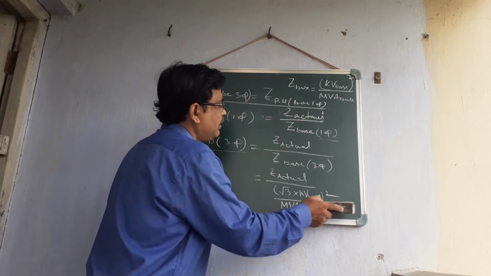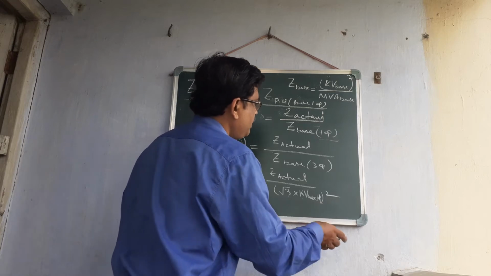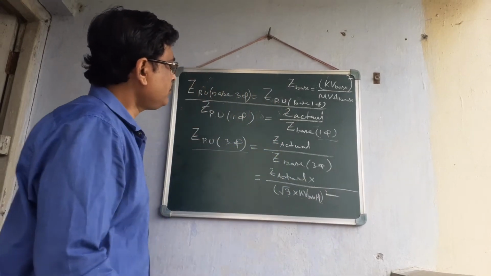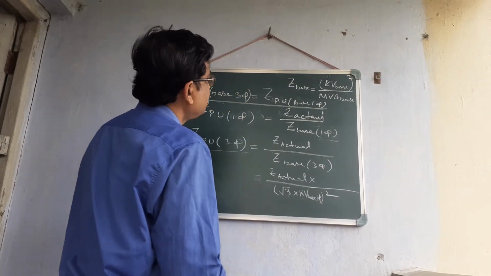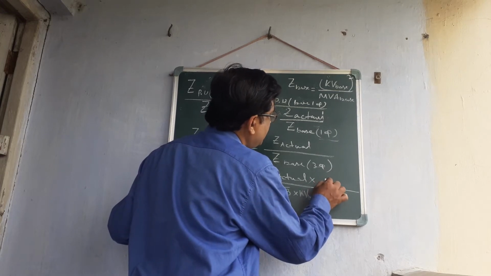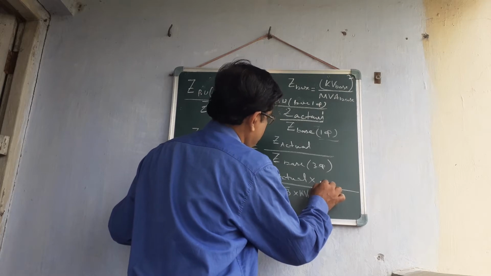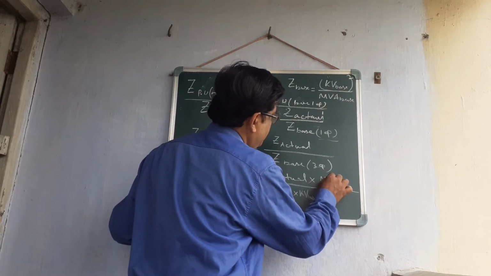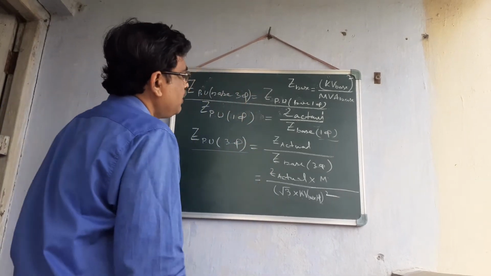Now it will come upside. So MVA base three phase system basically, Z actual by Z three phase.